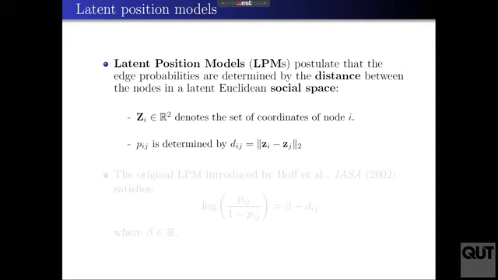In 2002, these models were used for the analysis of social networks, and they've kept that name since. As you have seen in Kathleen's talk, these models assume that the nodes are localized. They have a latent position in a social space, and the probability of observing a certain edge depends on the distance between these two nodes.